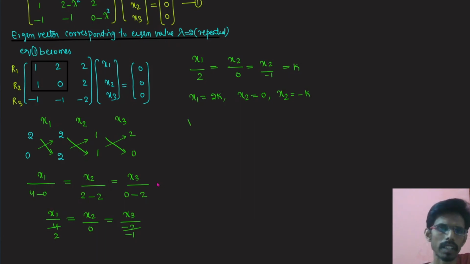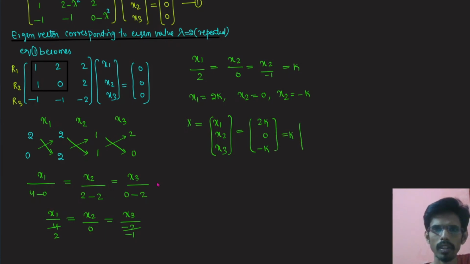Now the eigenvector capital X will be [x1, x2, x3]. Right, this is the eigenvector. So put x1 value 2k, 0, minus k. If I take k common, we have 2, 0, minus 1.